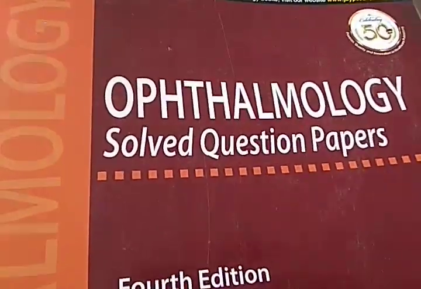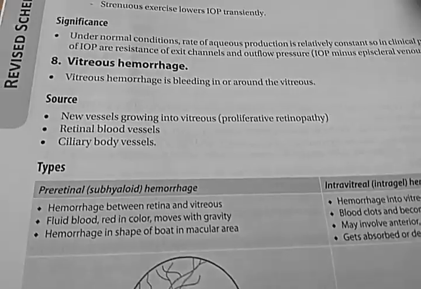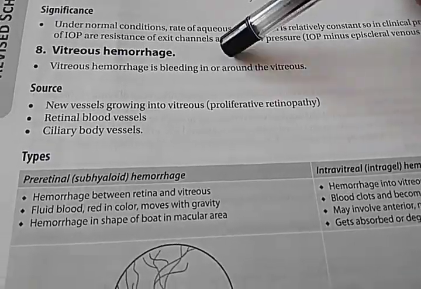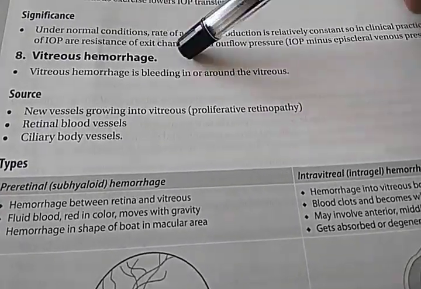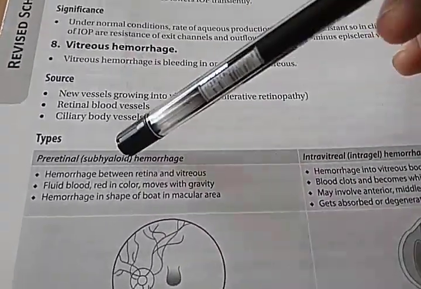Guys, we are trying to look at the latest ophthalmology question paper from the university, and also we are looking at the answers to the questions. Let us see what else they have asked in this. They have asked vitreous hemorrhage in the latest question paper. It is bleeding in and around the vitreous.